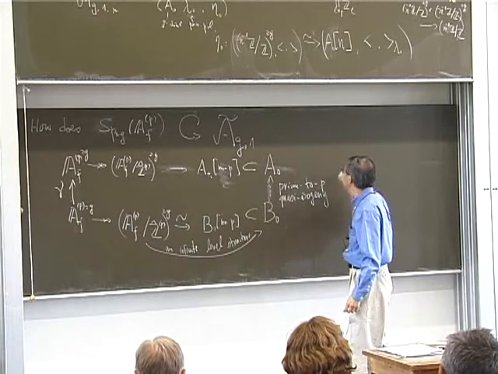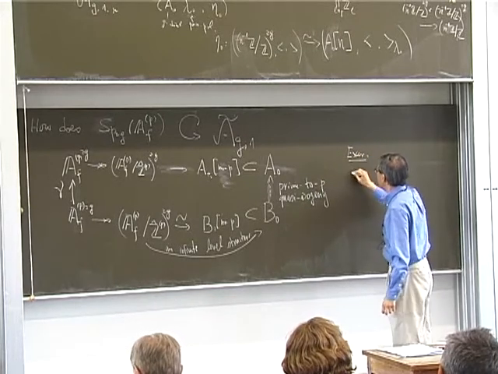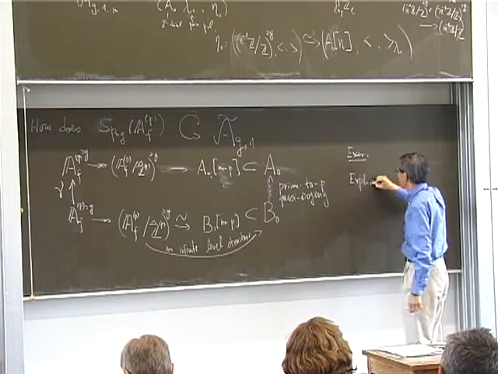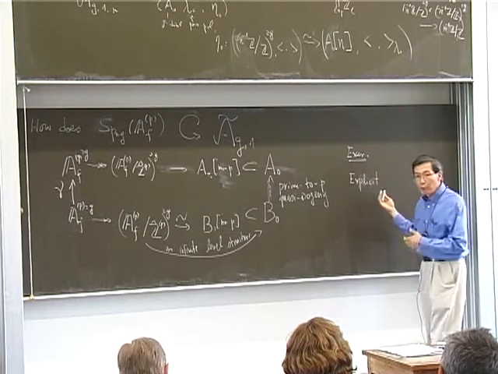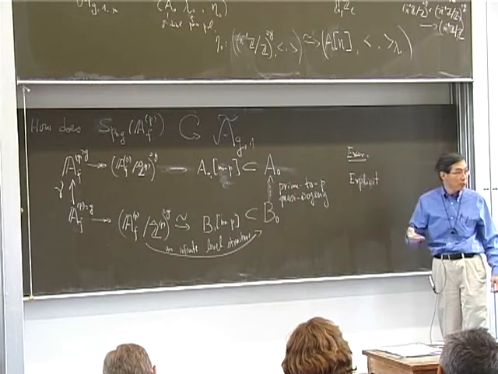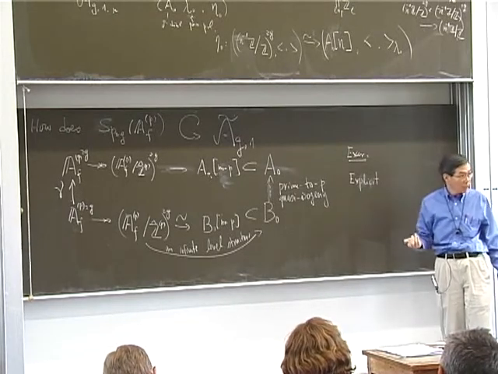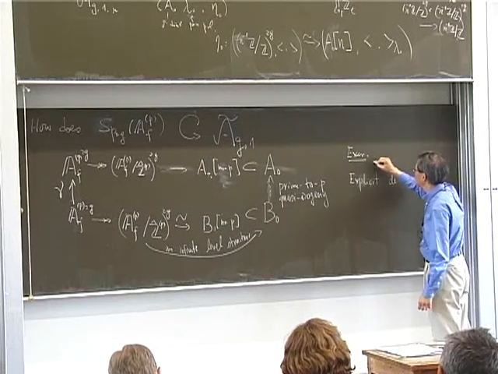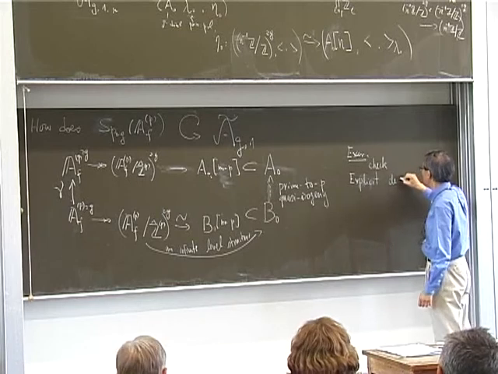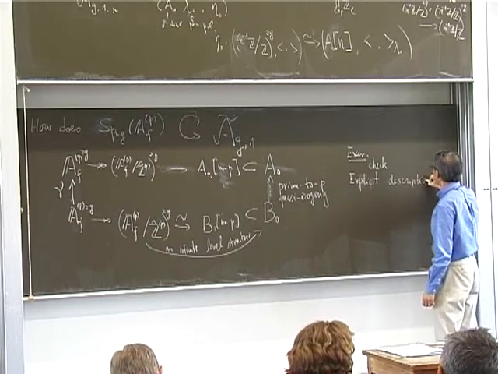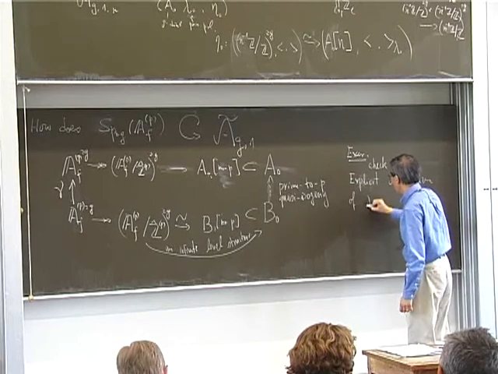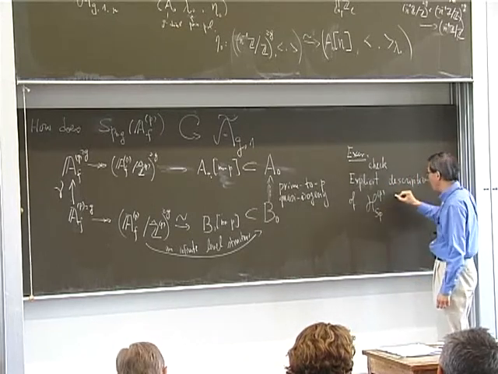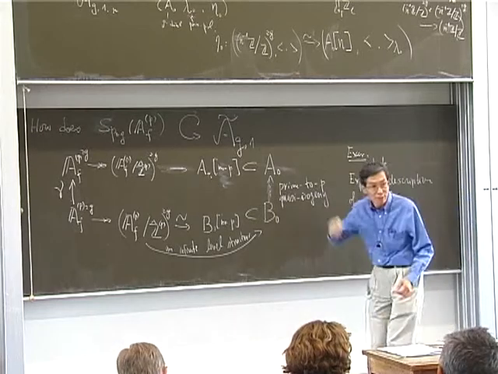So the exercise is to check that using this definition of the tower, you will recover the explicit description of a prime to P Hecke orbit as in France's talk. In France's talk, this is denoted by H upper P as P times x0 if x0 is this point.